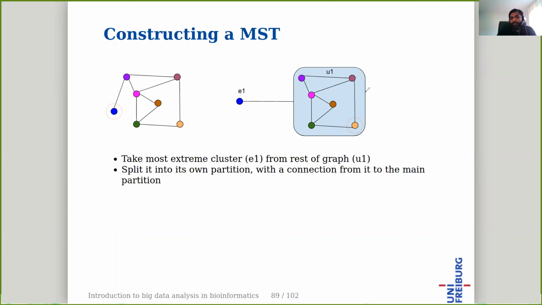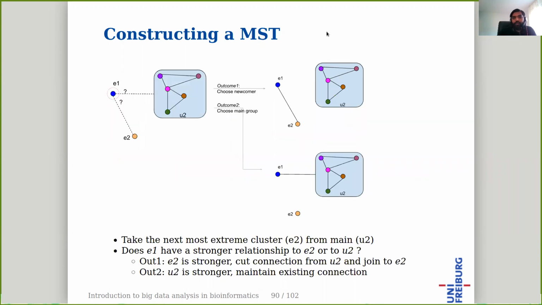We group the rest of the graph as U1, and our new extreme cluster as E1. Then we take another extreme cluster, in this case, let's say, E2 here, and we also separate it from the remaining graph, which we put here as U2.